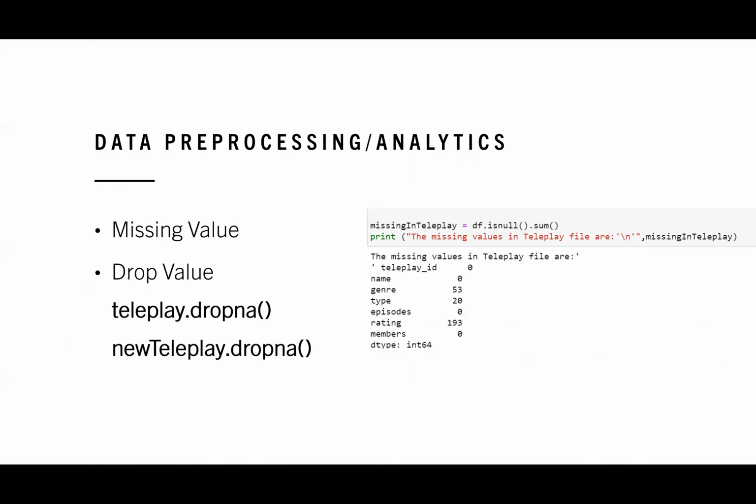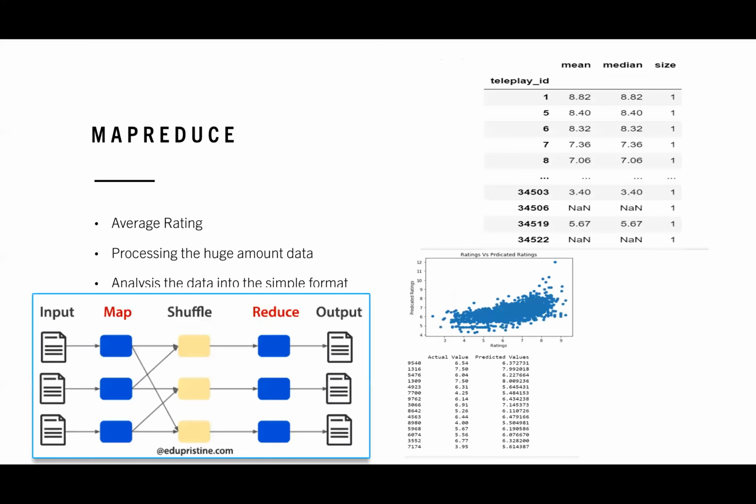The last one would be for the missing values; we need to use code to find them and then replace them or drop them. The second one would be dropping values. We also use code to drop some irrelevant data that we will not be using, the useless data.